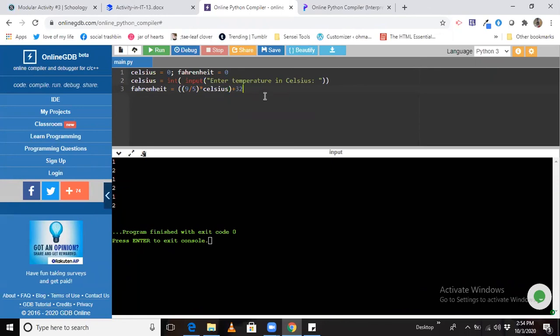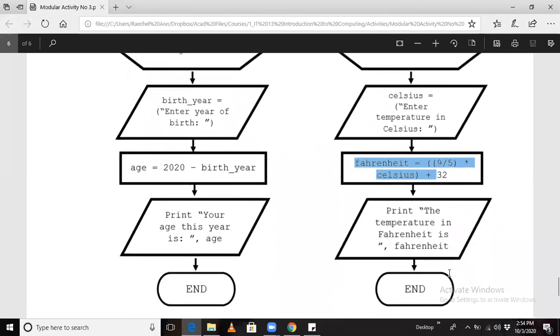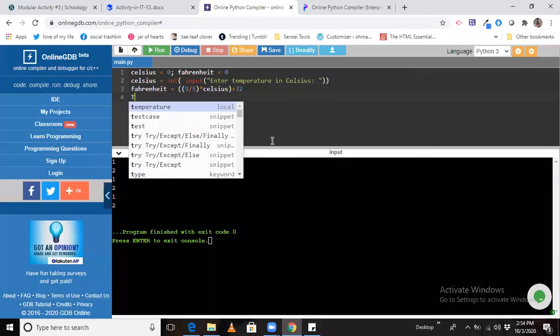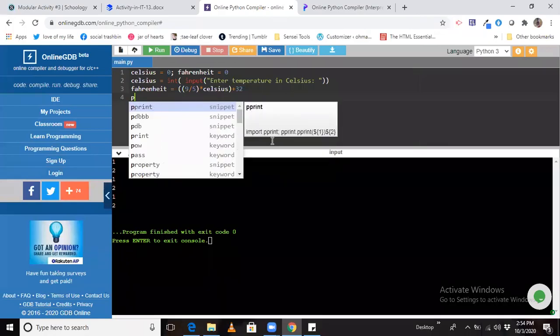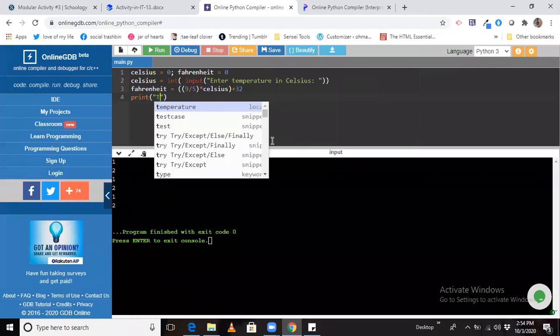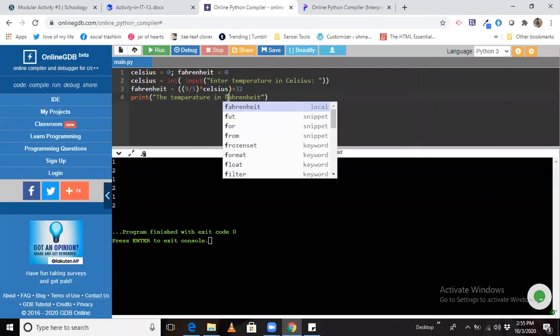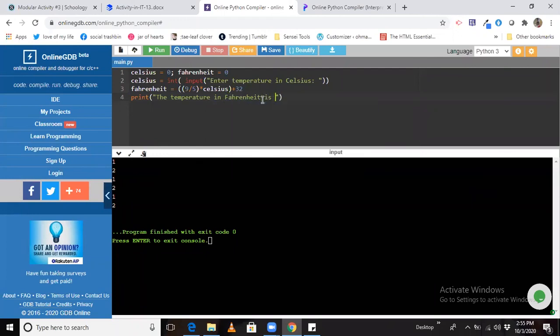Alright. And then, print natin yung output. The temperature in Fahrenheit is, and then output natin yung Fahrenheit.